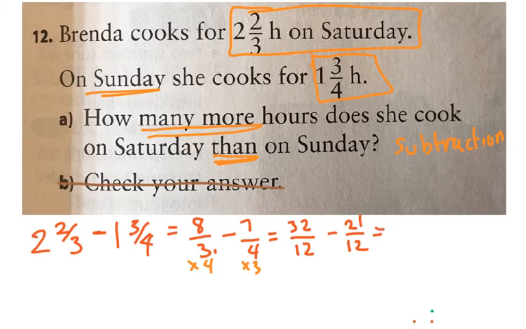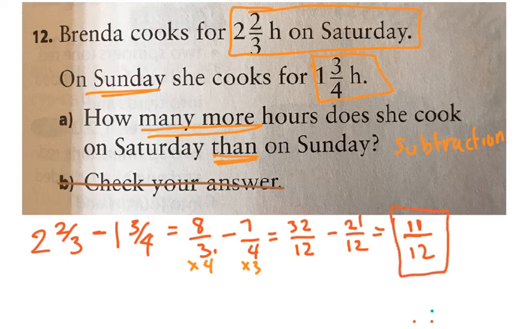Now we do our subtraction. Okay, so 32 minus 21 becomes 11. Denominator stays the same. So how many more hours does she cook on Saturday than on Sunday? 11/12 of an hour, because this is already simplified.